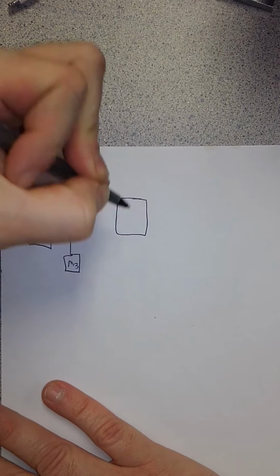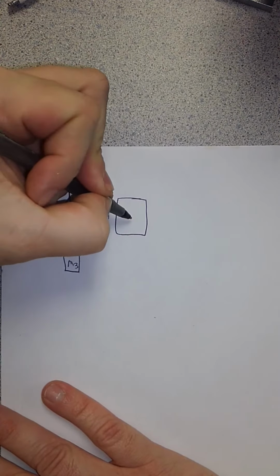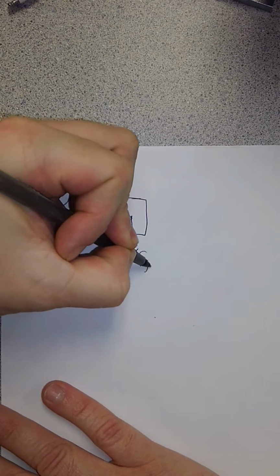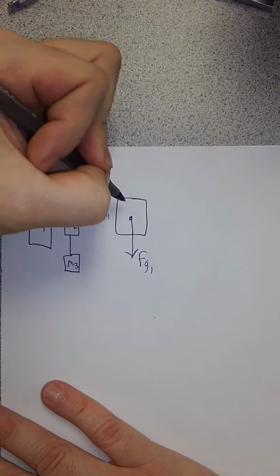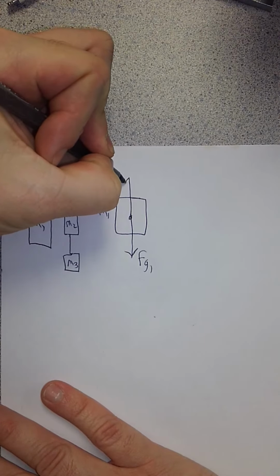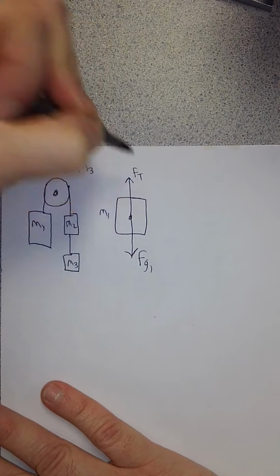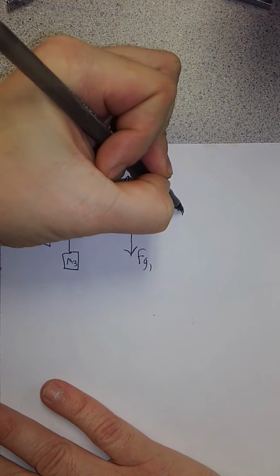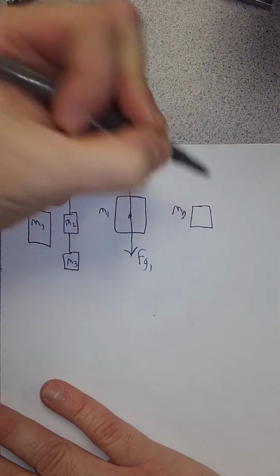Okay, so here's my mass 1. We know it has a weight. I'm going to call this weight FG1 for mass 1, and then we also know it's going to have a force of tension on it. Do something similar for mass 2. Mass 2 is a little bit weird.